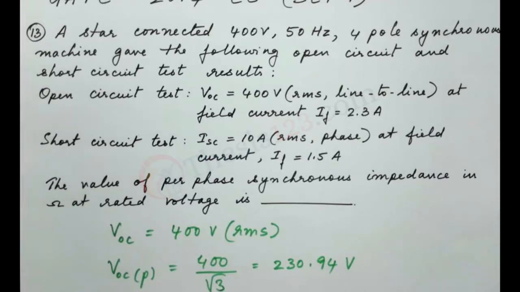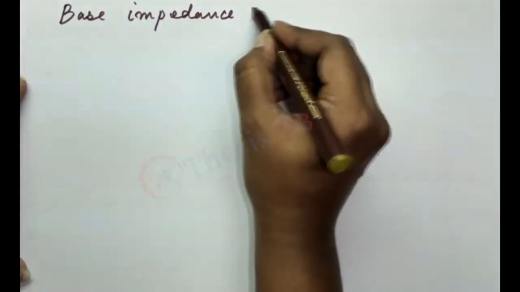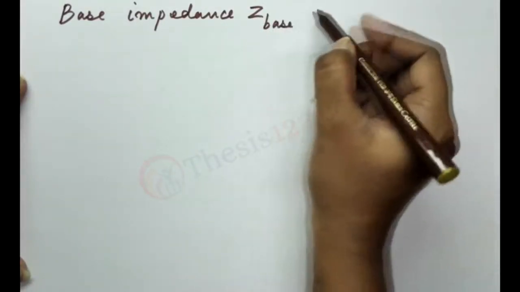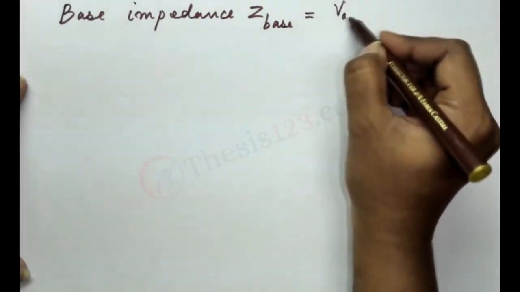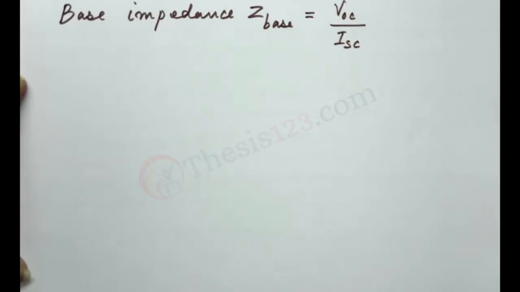So the next step is to calculate the base impedance. Let me just grab another sheet of paper here. Okay. So now calculating the base impedance. Base impedance Z base. The formula is VOC divided by ISC, the open circuit voltage divided by the short circuit current.